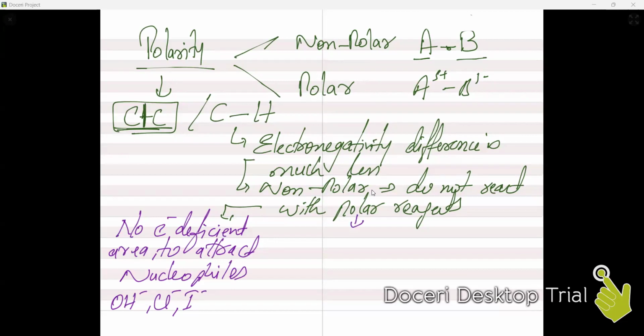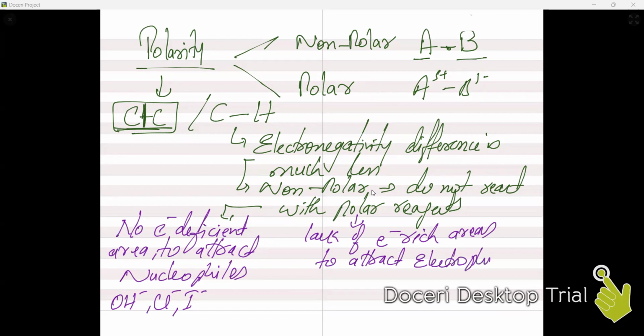And then there is the lack of electron-rich areas, which would attract electrophiles. Now, what are electrophiles? Electrophiles are the ones which have a positive charge.